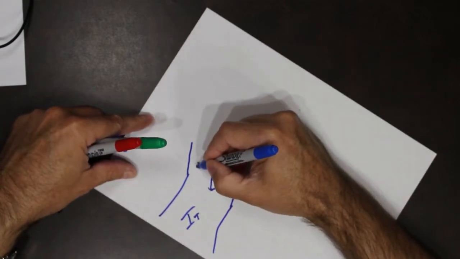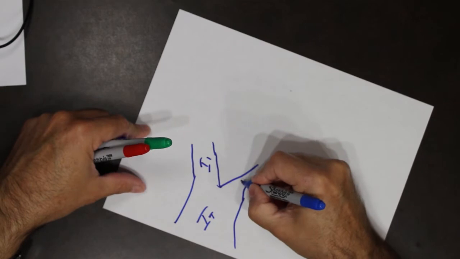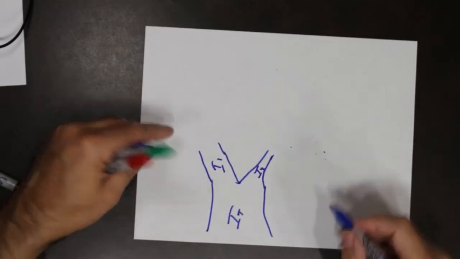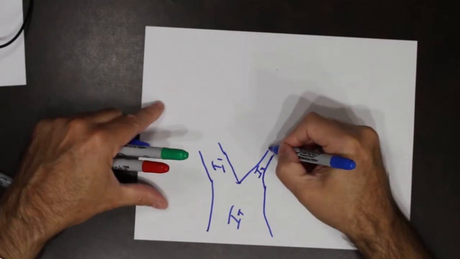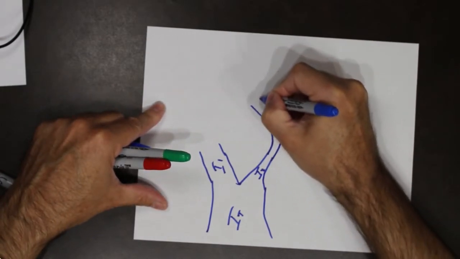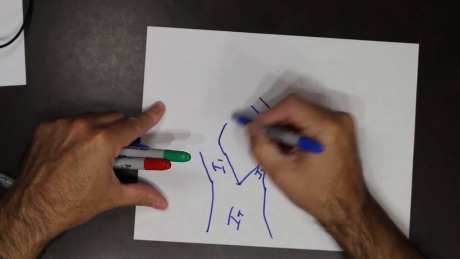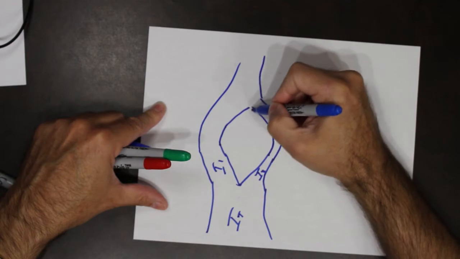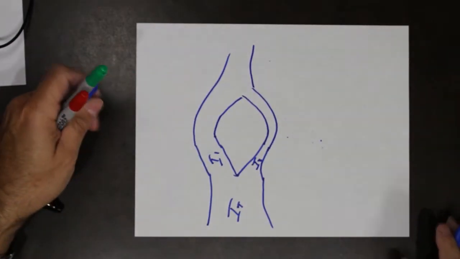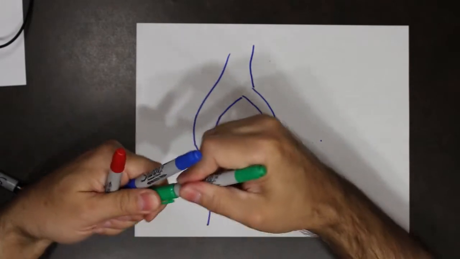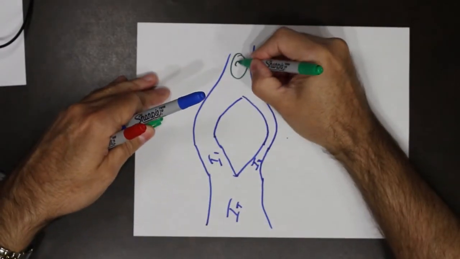This is I1. This is I2. What happens if somewhere down the river these two things merge again? How much water is flowing here?